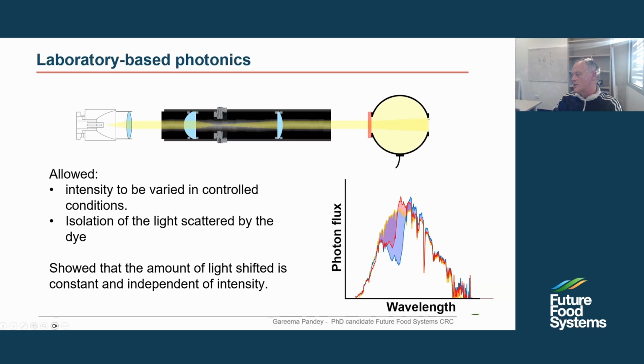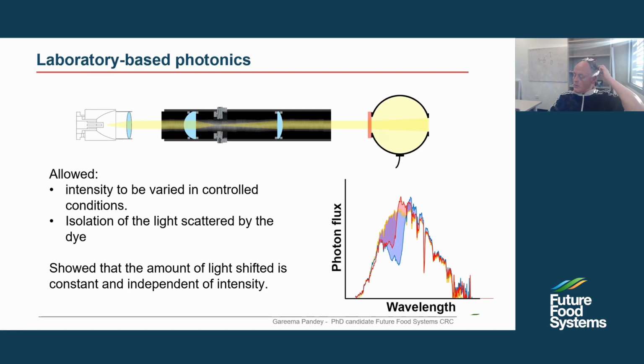The way we measure that is by putting a white cap on here and collecting it all, and doing it by difference. So we can work out what light is going straight through, and we can change the intensity of the light that's going into the system. So we could control the conditions, and we could isolate the light scattered by the dye.